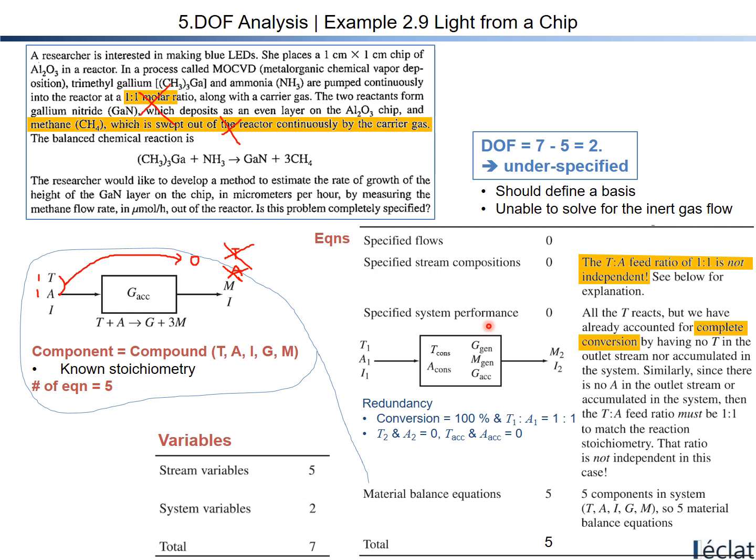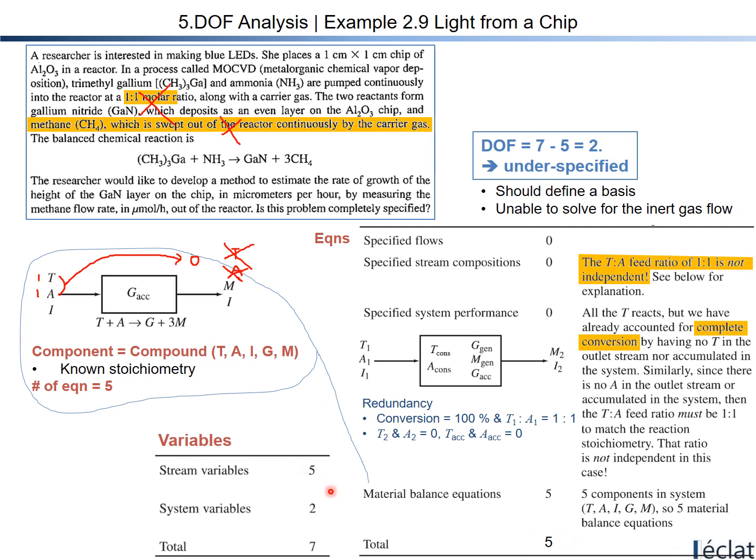We had 100% conversion and only methane in the output. But we already used these conditions, so the independent system performance specification is 0. So the only thing we can use is the number of material balance equations coming from the number of components. So totally 5.